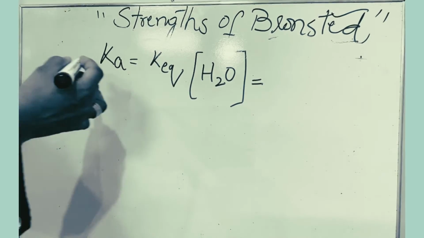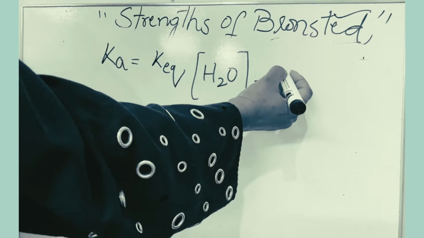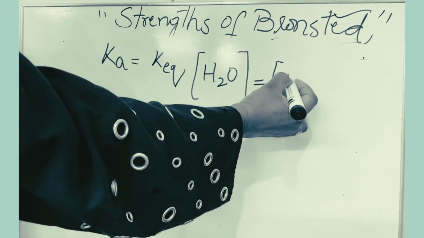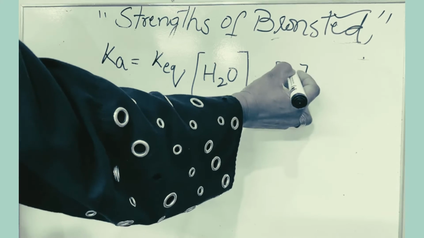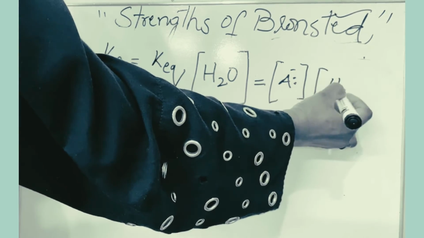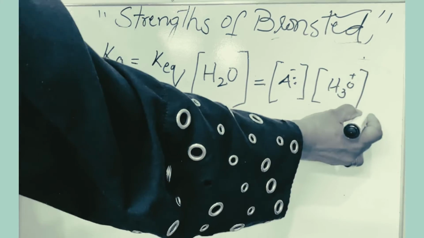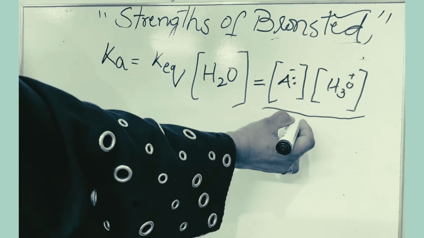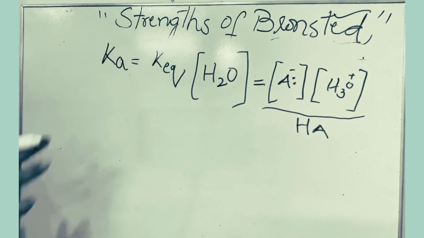K equilibrium times H2O equals simply A negative and H3O, that is the hydronium ion, over the acid HA. After multiplying it, this would be like this.